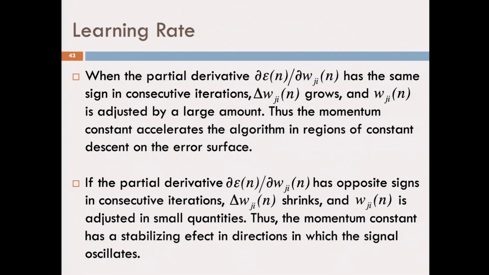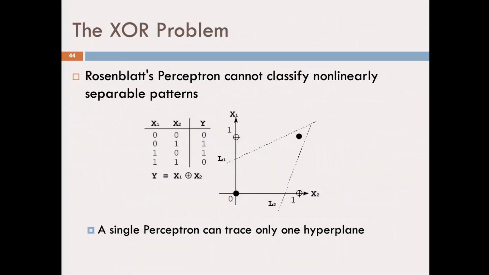Here I have the XOR problem. With the XOR problem, we already know that with a single perceptron, we cannot separate these 4 points with just one straight line.